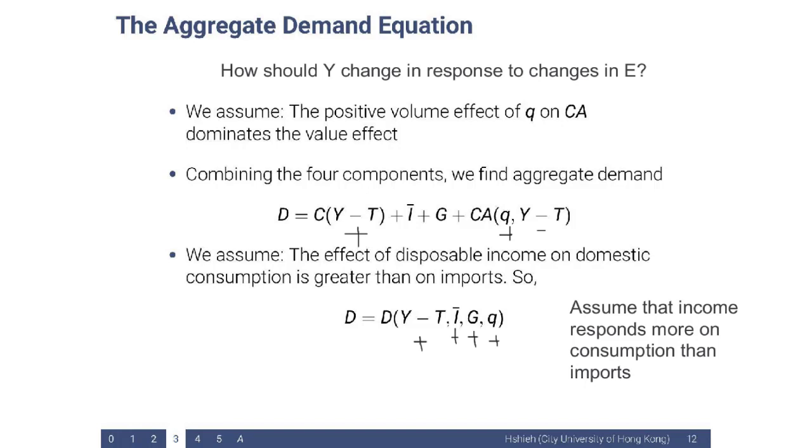Okay, if no other questions about the inputs on aggregate demand or how the current account is modeled, focusing on this volume effect, value effect, and its relationship to Q, let's now talk about the so-called DD and AA schedules.